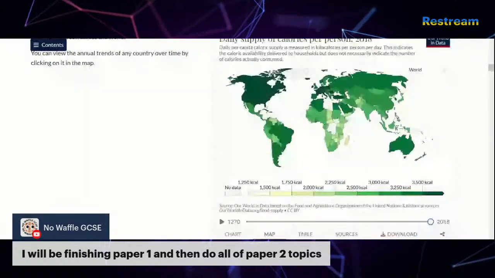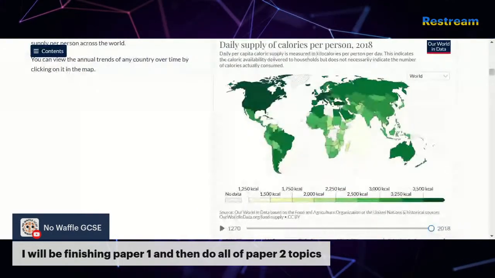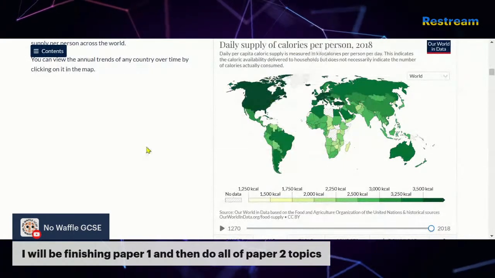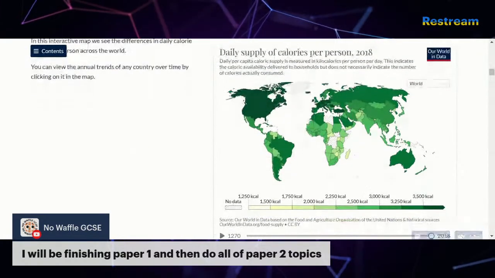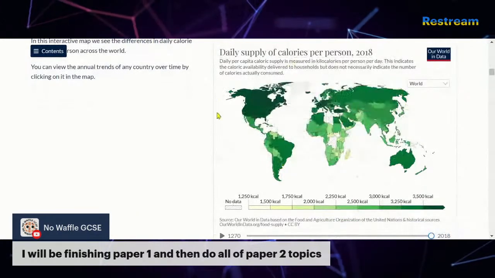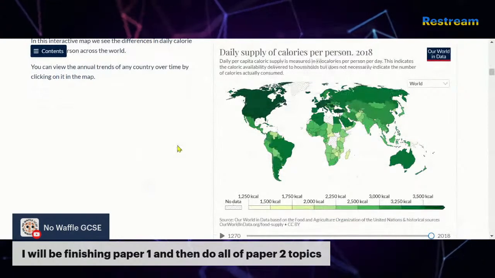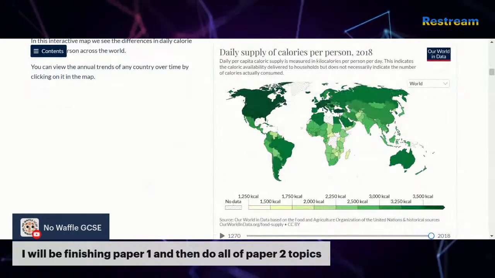Okay, so here you can see a graph, and within this graph you can see the daily supply of calories. So here it's talking about the food supply. Which countries are supplied the most? Now you can see the densest regions, such as the USA.